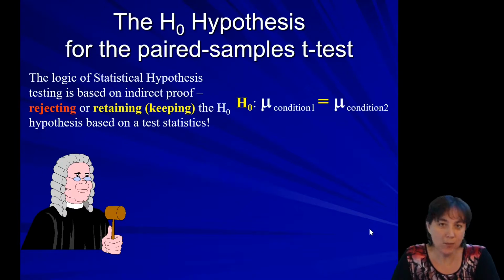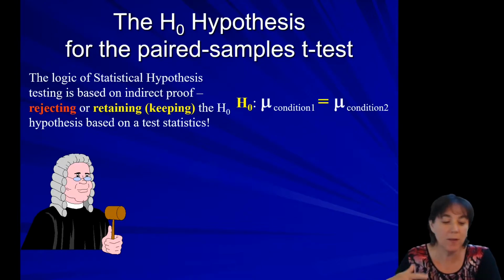Now, what is the null hypothesis for the paired samples t-test? Here we have conditions. We have usually before and after, or summer or winter, so anything that has to do with the same observational unit. And our null hypothesis is that the estimated mean in the two conditions, which is derived of course from the sample mean, is equal.